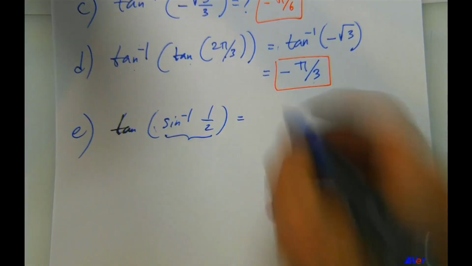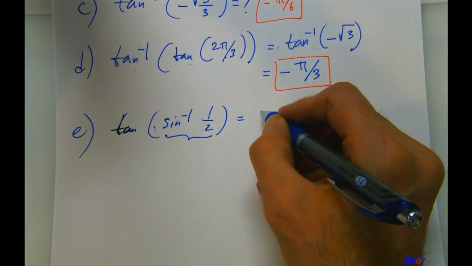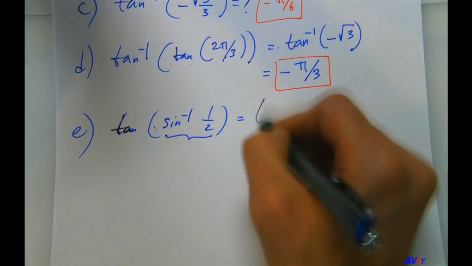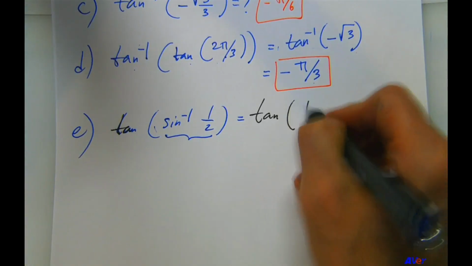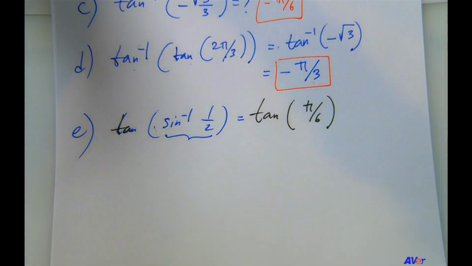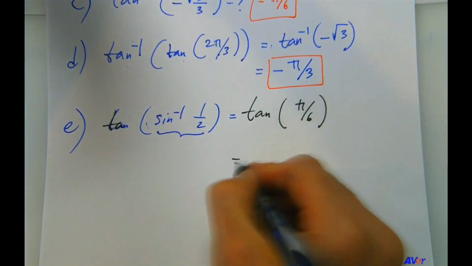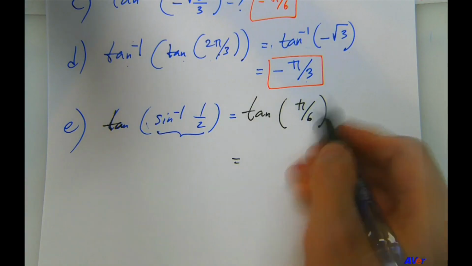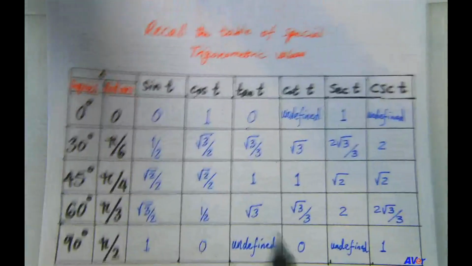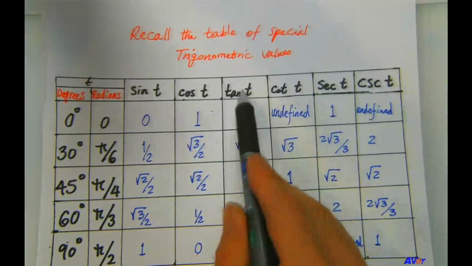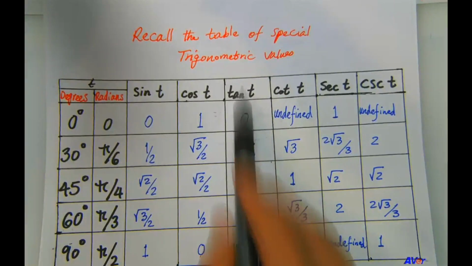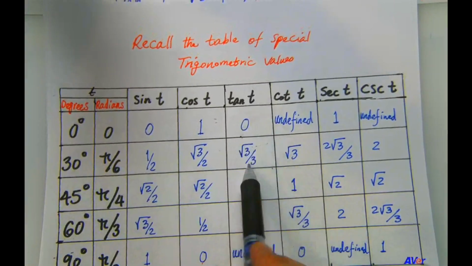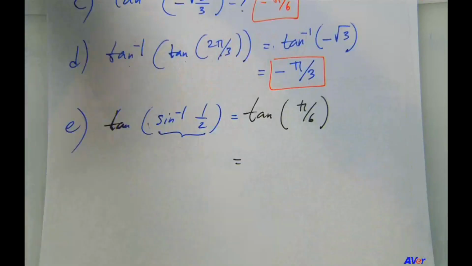So in here, we're going to say tangent of pi over 6, right? And then that is tangent of pi over 6 from our special values table. It's equal to square root of 3 over 3.